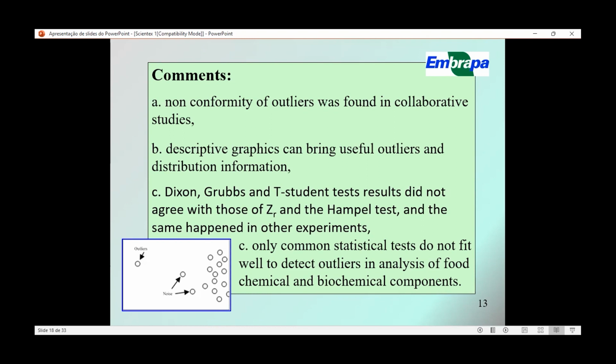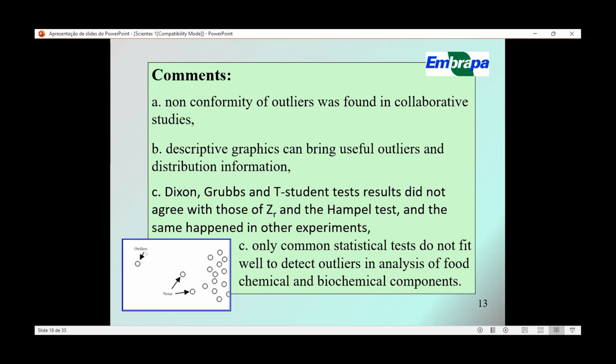Dixon, Grubbs, and Student's t tests results did not agree with those of ZR and the sample test. And the same happened in other experiments. Only common statistical tests do not fit well to detect outliers in analysis of food, chemical, and biochemical components.